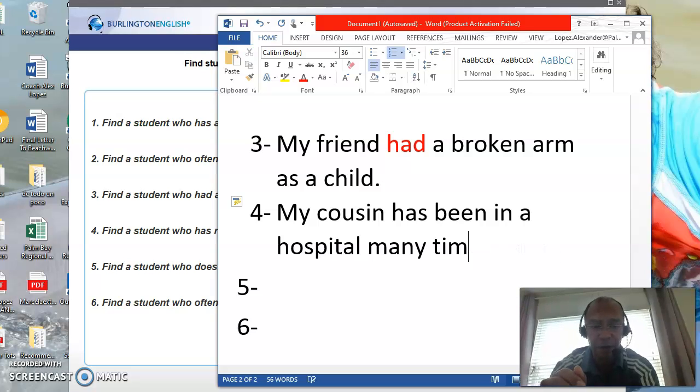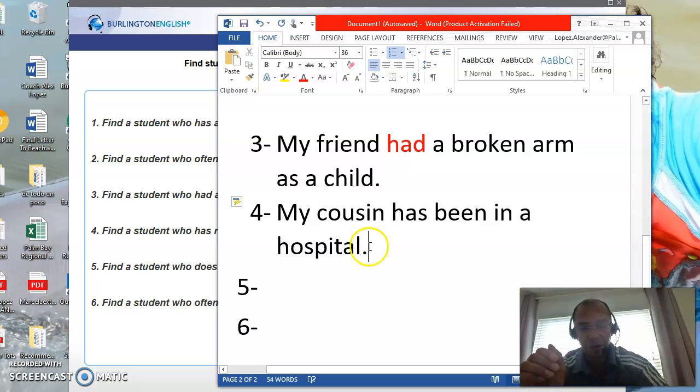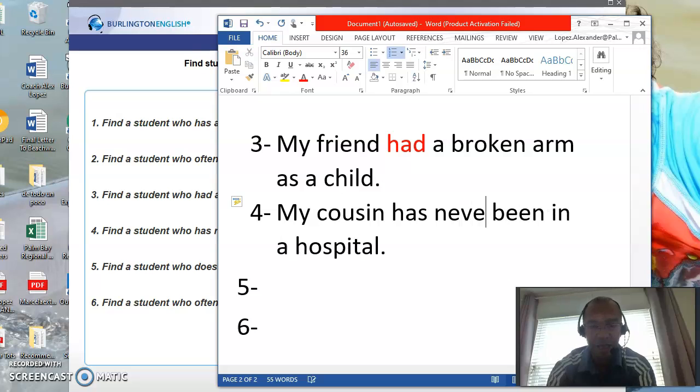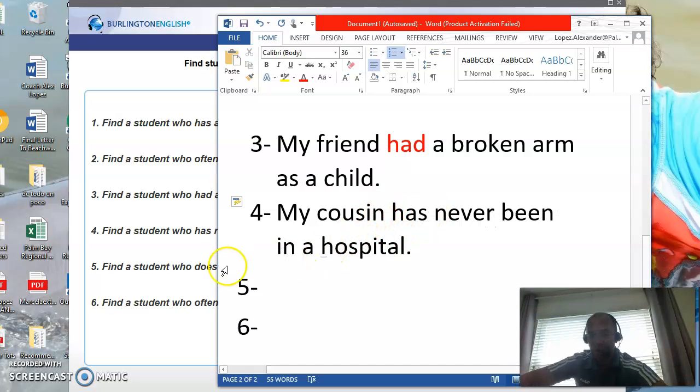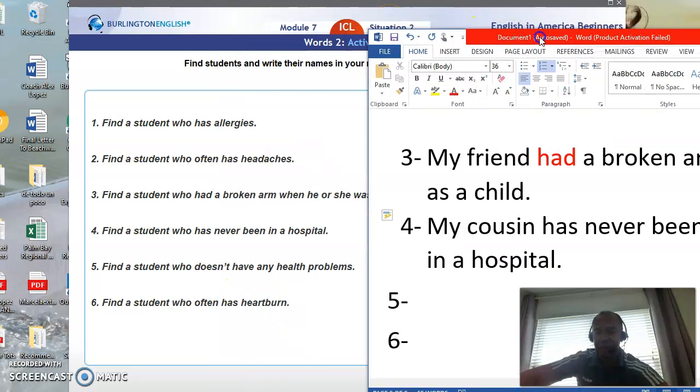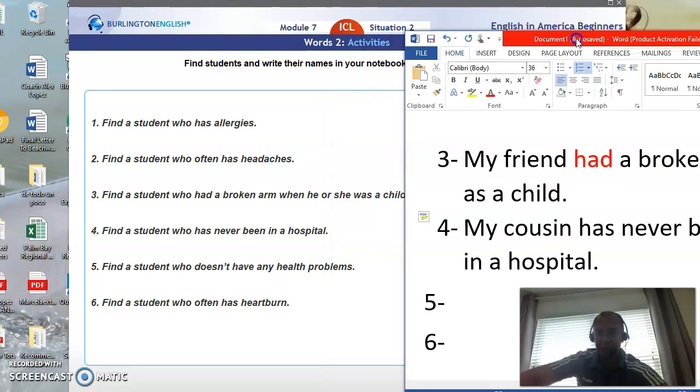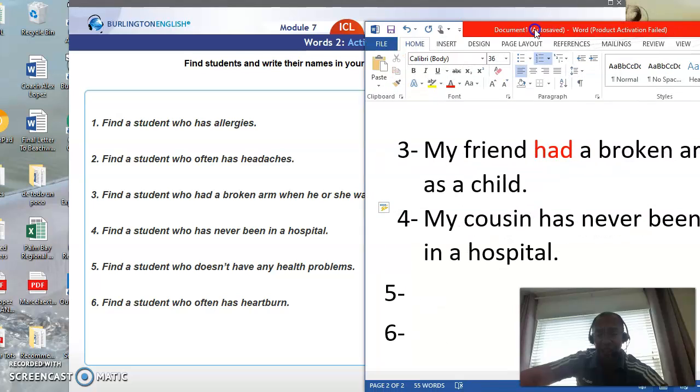But if you want to make it negative form, you say, my cousin has never been in a hospital. Okay? Well, I would like you guys to complete the next one, okay, which will be find a student or family member who doesn't have any health problems.